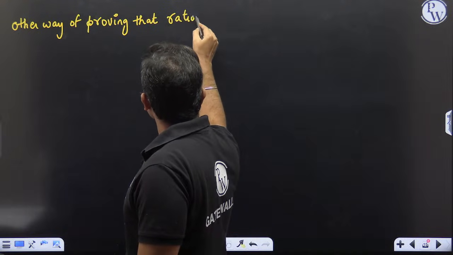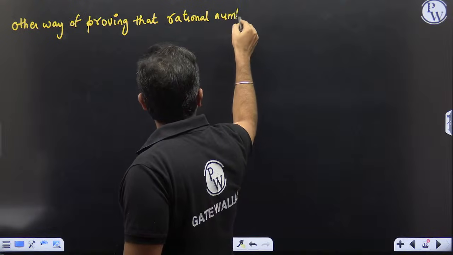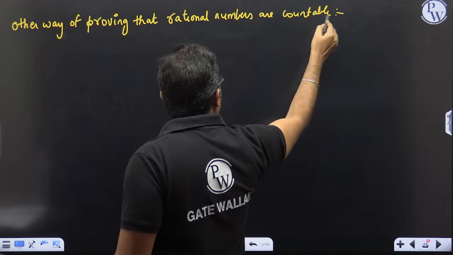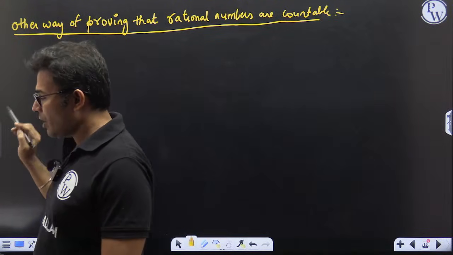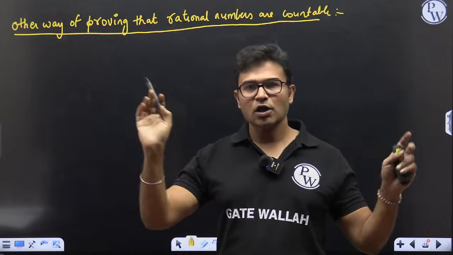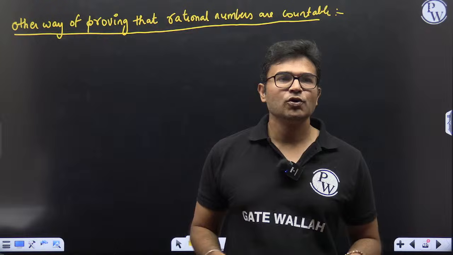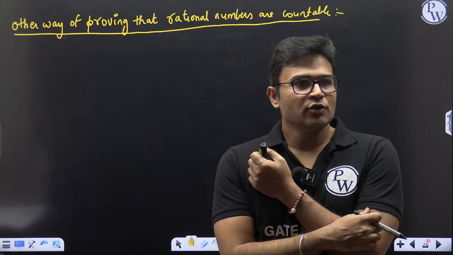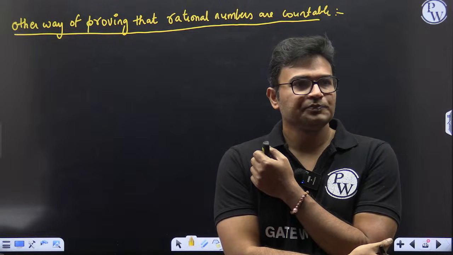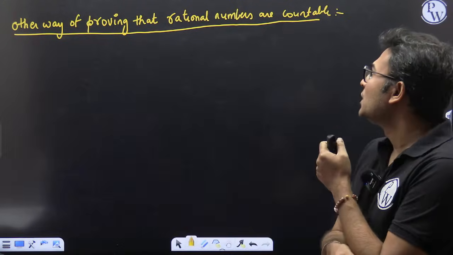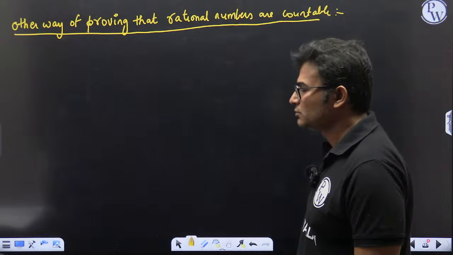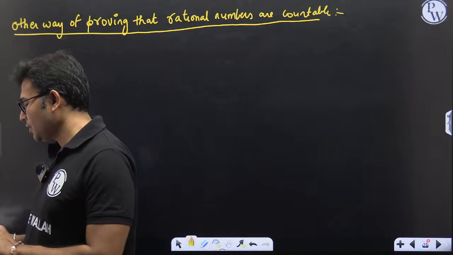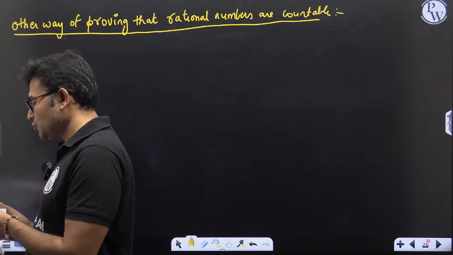Now I have given you the entire theorem, all the knowledge that is required. Can you prove that rational numbers are countable?